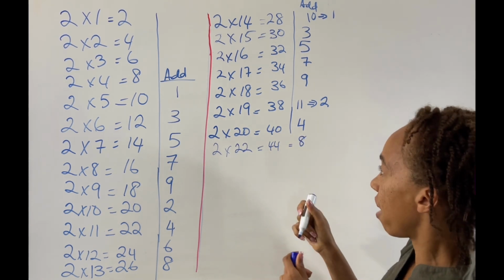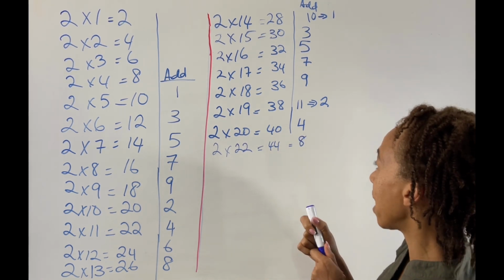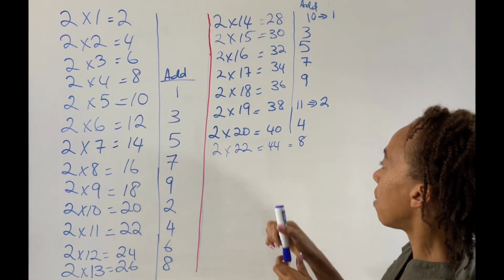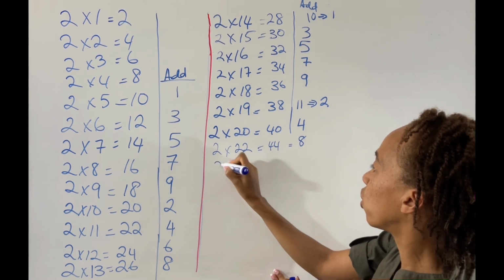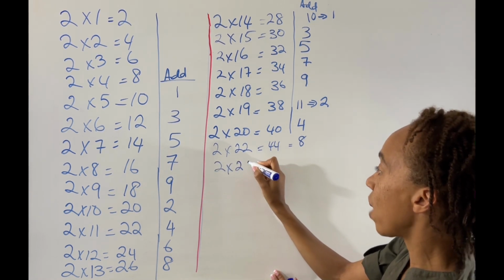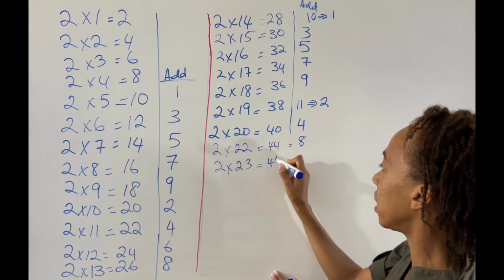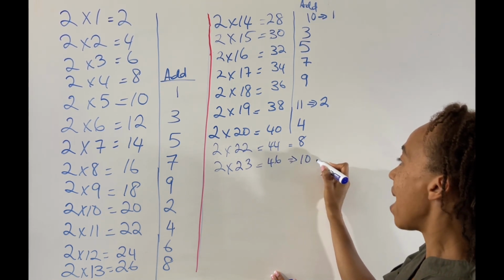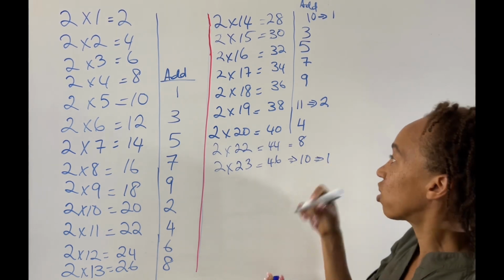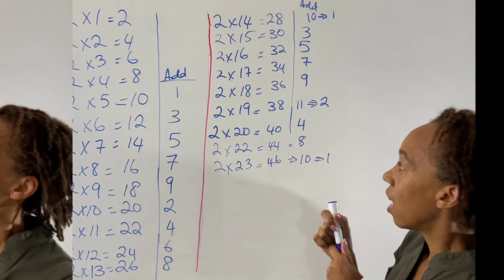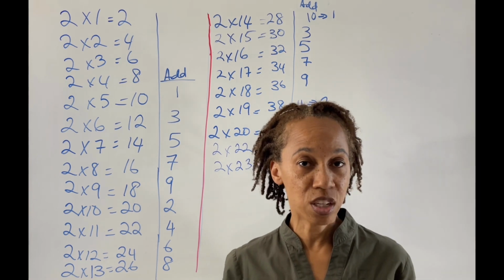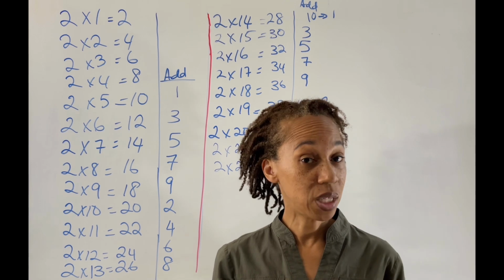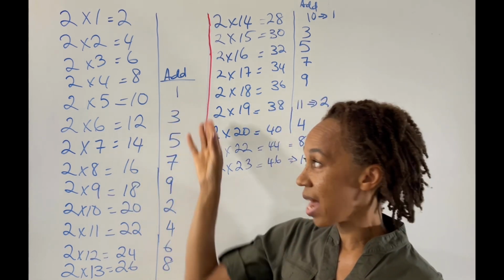But you notice here that even though you have the 8 here, the next number you are going to get, because you have 2 times 23, which is going to be your 46, you're going to add these, it's going to be 10, and then when you add this, it's going to be 1, and you're starting all over again. Now you're going to do this continuously, all the way down, and you will see that when you get to one number, you're going to have a pattern there.